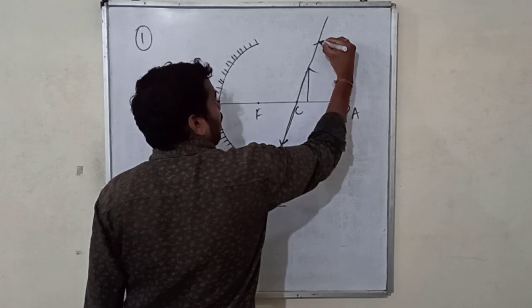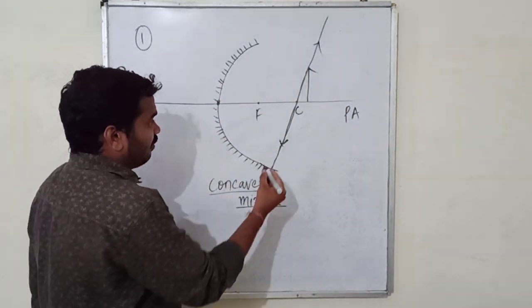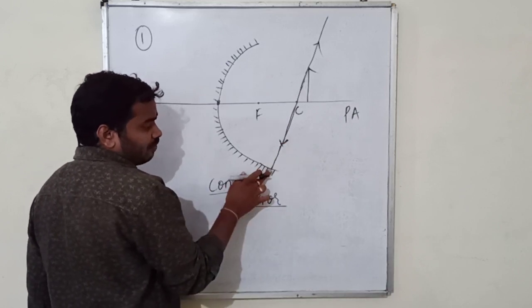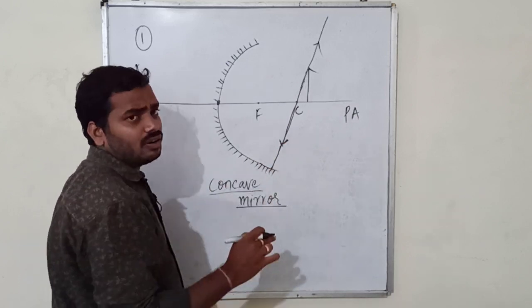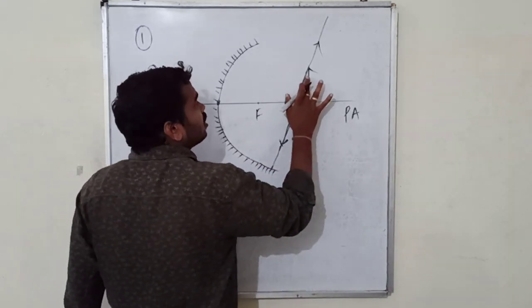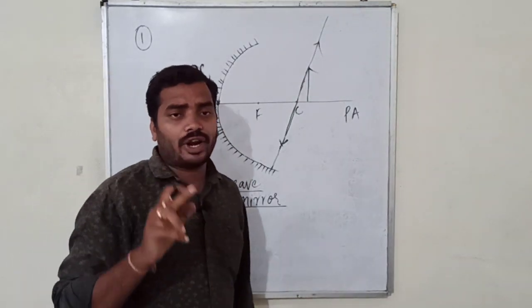That means it will pass in the same way like this in a backward direction. If this is the incident ray, immediately when it falls upon the concave mirror, the reflected ray passes in the same path. So this is what the first point means.